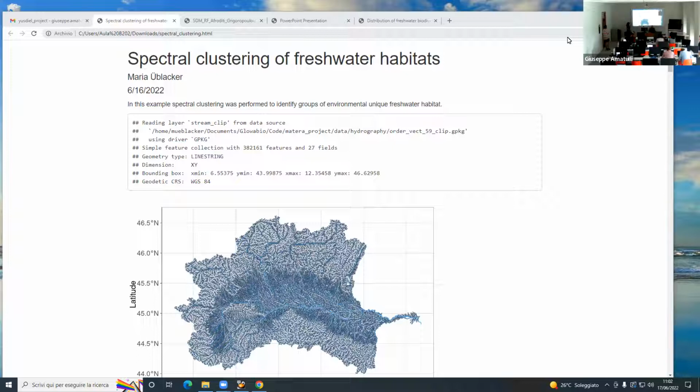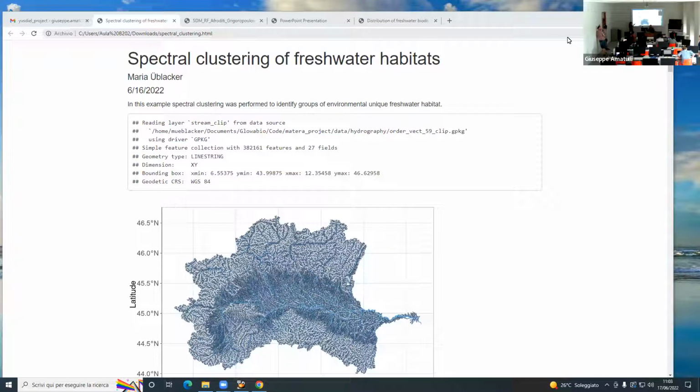Here you can see, as an example, I took the Po River Basin. It's in the north of Italy, and here you can see the very dense river stream network Giuseppe produced, and it has more than 380 stream reaches, and of course also the dependent subcatchments.